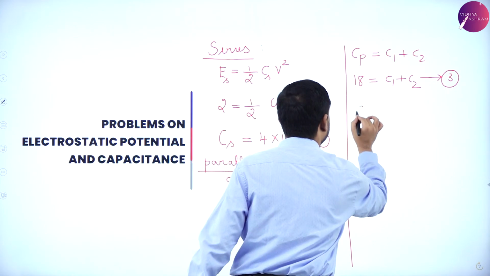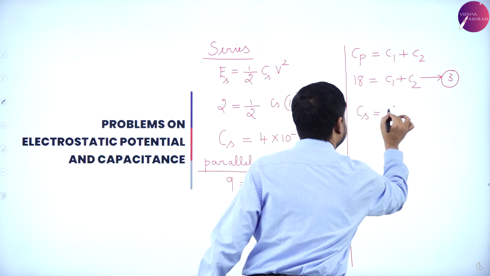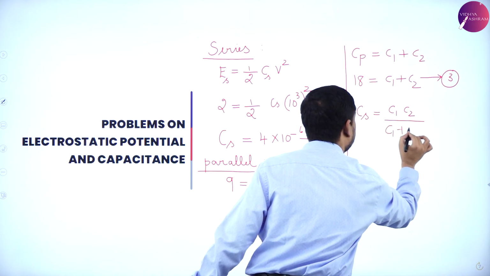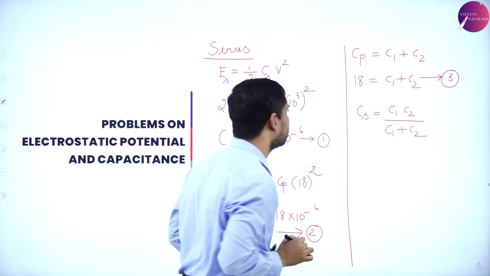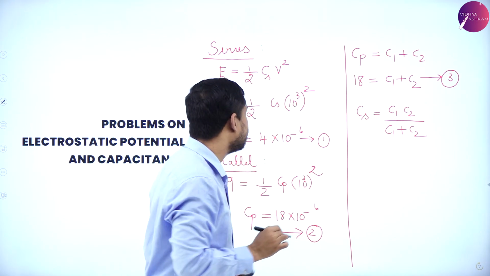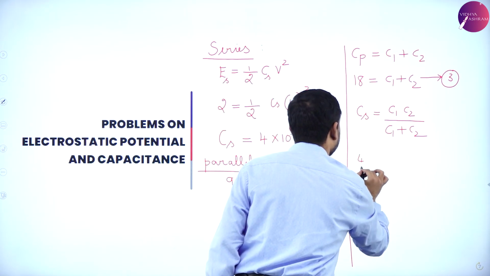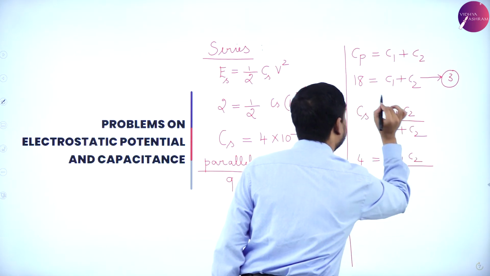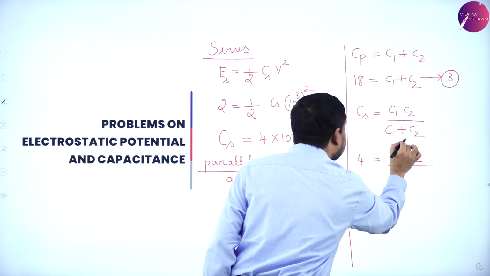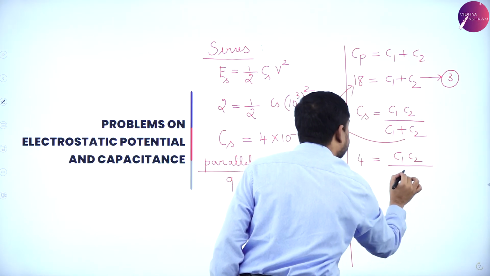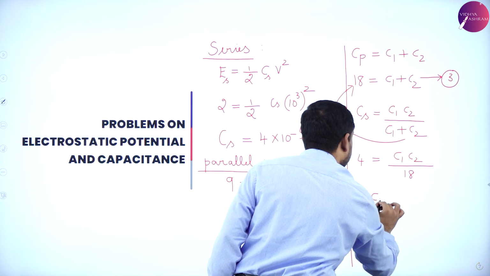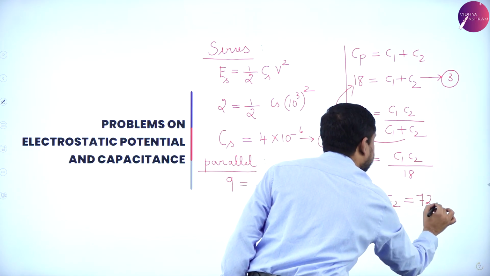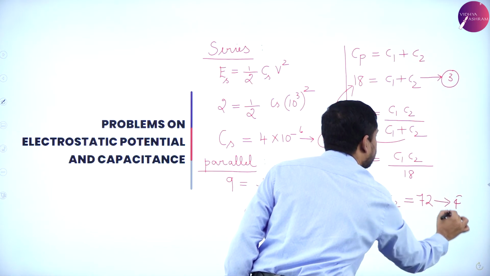Cs is C1 C2 divided by C1 plus C2, which is 4. So C1 C2 is nothing but 72. Equation 4.